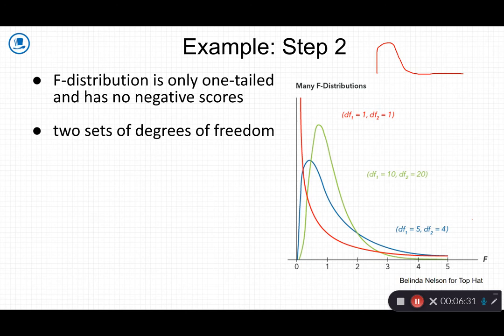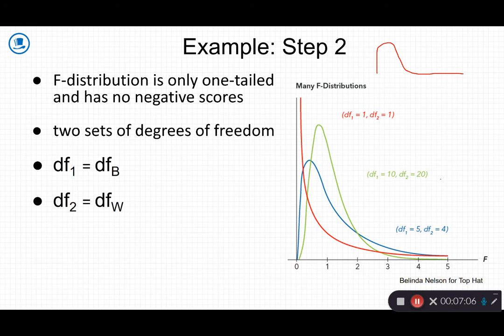And as you see, we need 2 degrees of freedom to figure out where the level of significance falls on this chart. So to understand the rejection region, we need to find both degrees of freedom between and degrees of freedom within. And in this chart, they're labeled 1 and 2, and that's often how they're labeled in tables. 1 is always the numerator degrees of freedom, which for us will be degrees of freedom between. 2 is the denominator degrees of freedom, which is DFW.